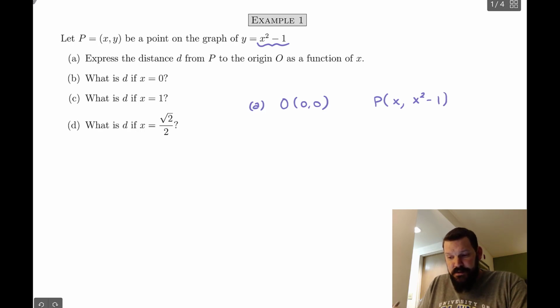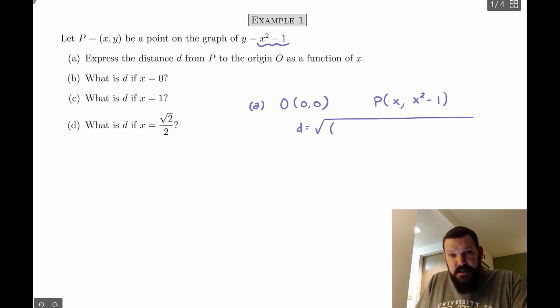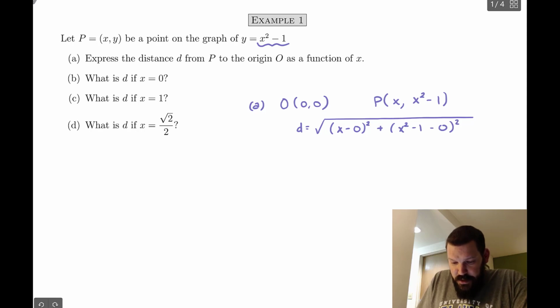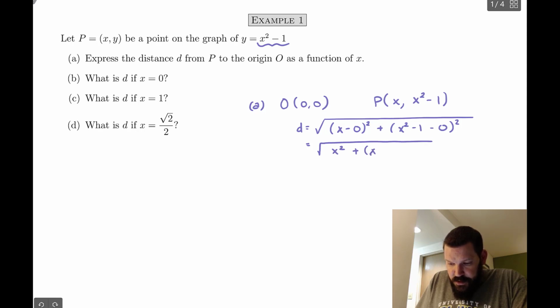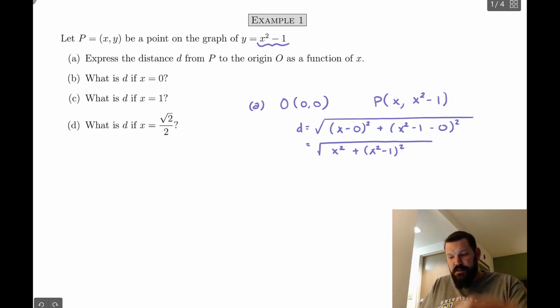The distance formula, if you recall, is the square root of the difference in the x values squared plus the difference in the y values squared. So we get x minus 0 quantity squared plus x squared minus 1 minus 0 quantity squared. When we simplify that, we get x squared plus x squared minus 1 quantity squared.